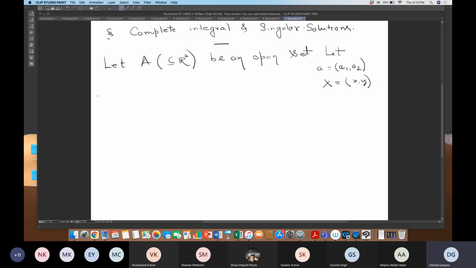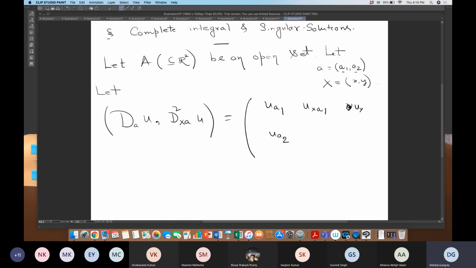Let me define a symbol: D of u(a), where a means a1, a2, u comma D2 of u(x,a). This is the matrix: u_a1, u_a2, u_xa1, u_ya1, u_xa2, u_ya2. Yes, so this is the matrix.